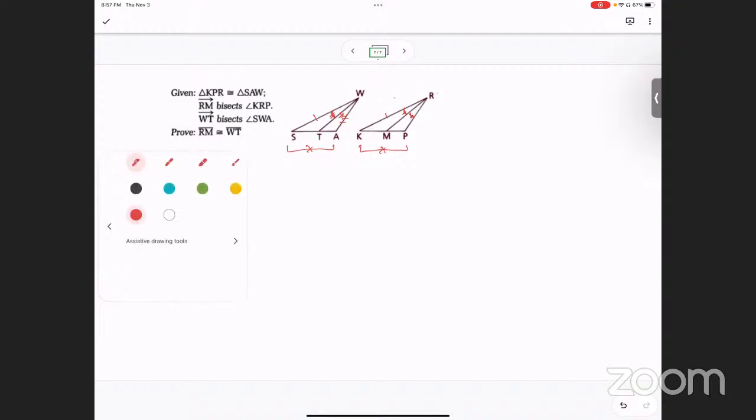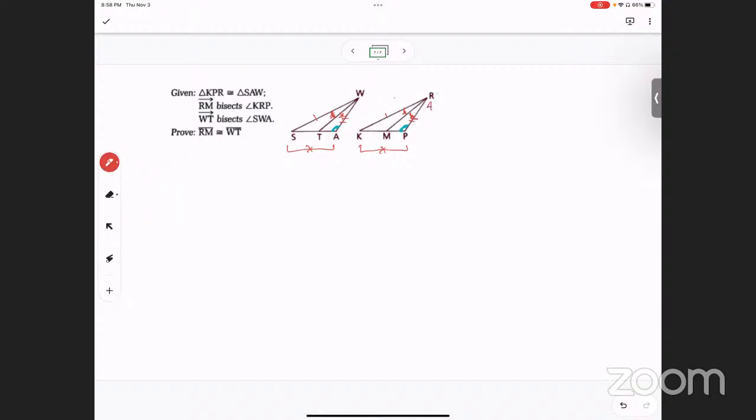And then we also say, because the original big ones were congruent, that these angles are congruent right here. The blue ones are congruent. And so now what can I use to show that the smaller triangles are congruent? ASA. Yep. Angle, side, angle.